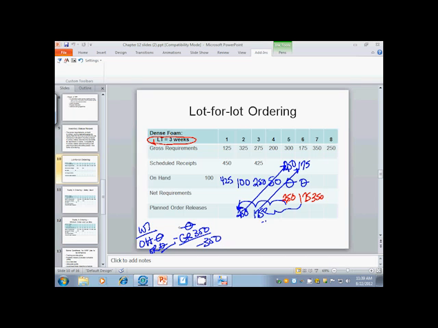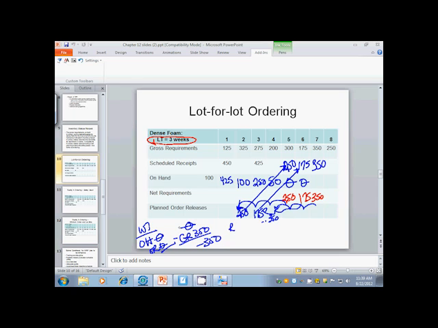I need to go back 3 weeks. 1, 2, 3. That's going to give me week 4. And in week 4, I now need to order 350 units. If I order 350 units in week 4, in week 7, I should be getting the same number of units in.